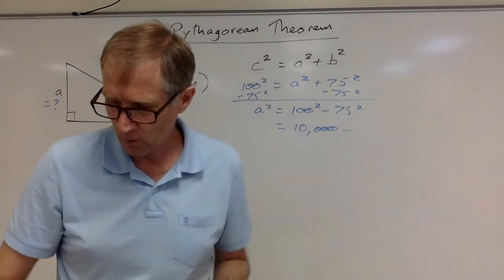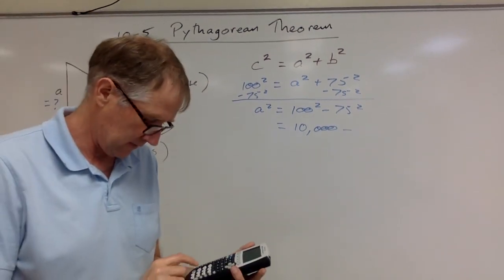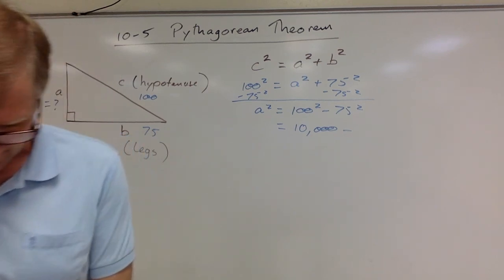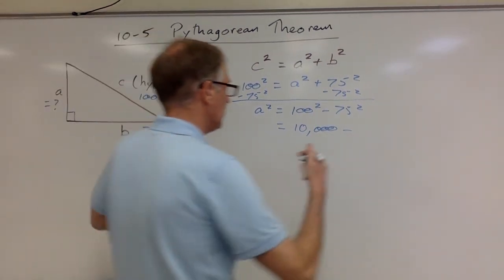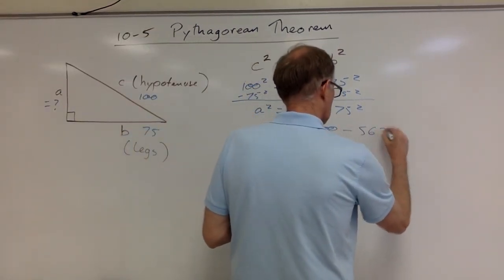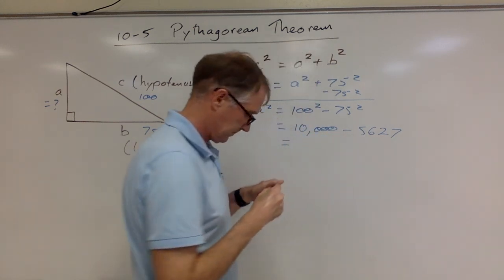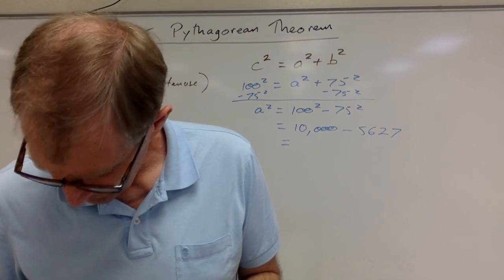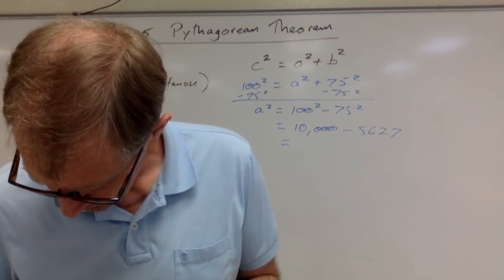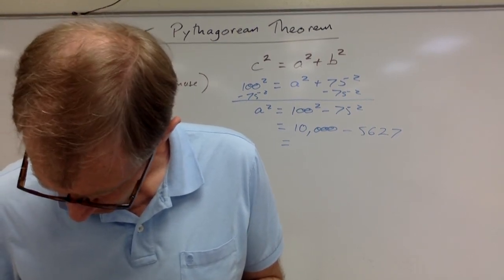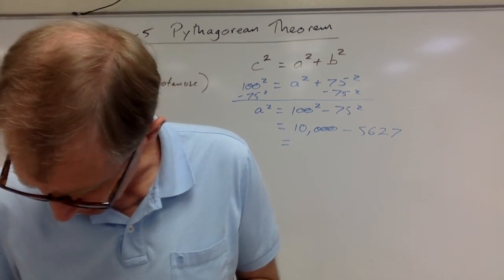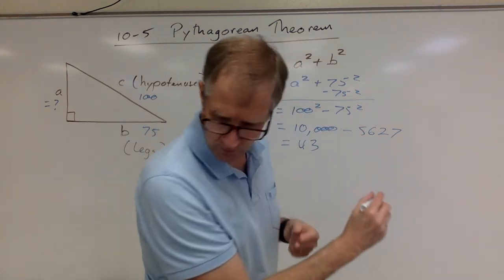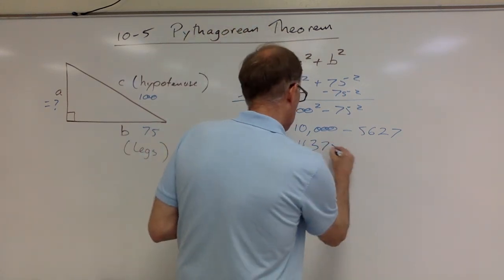And 75 squared is 5,625. So that's 4,375. But you're not done.